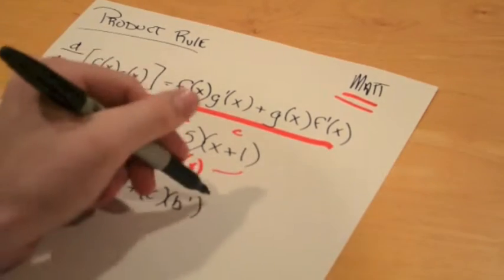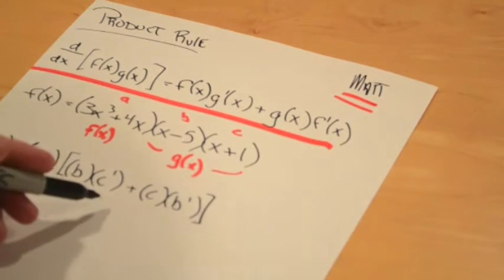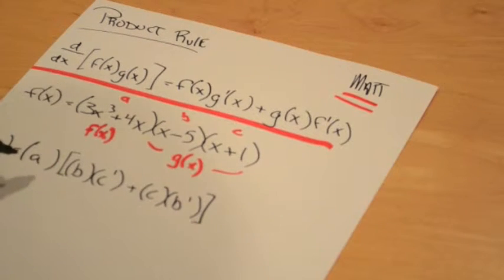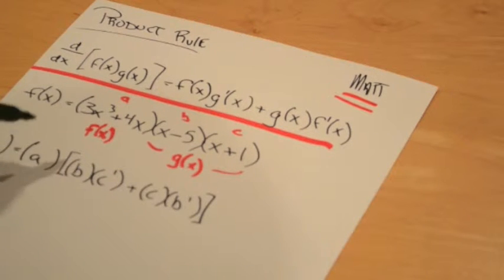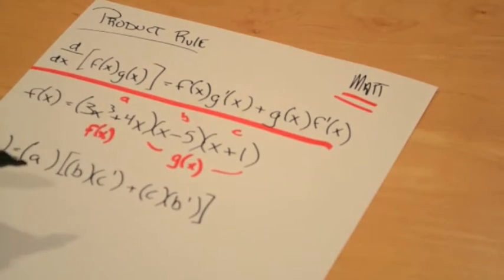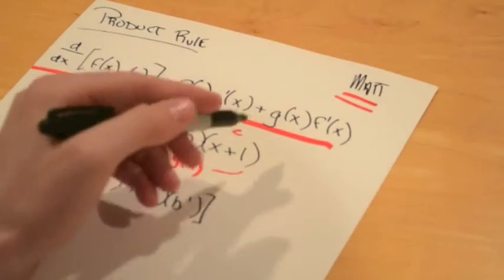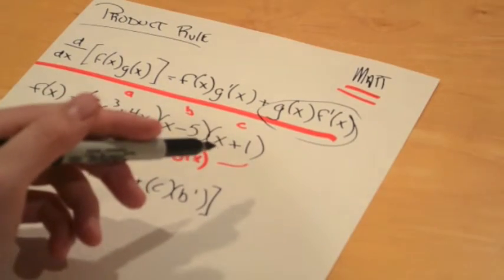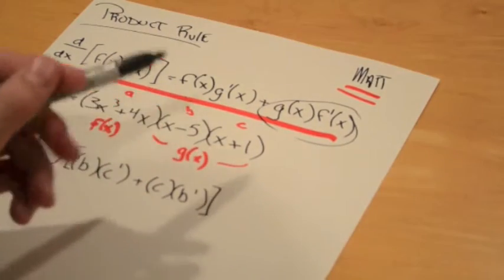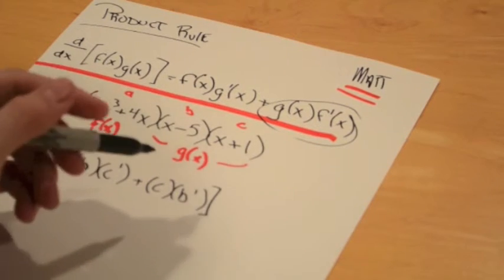Now, right there you have one product rule, but right here all you have is f of x and a derivative of g, looking back at our previous equation. So, now you have to find g of x multiplied by the derivative of f of x.